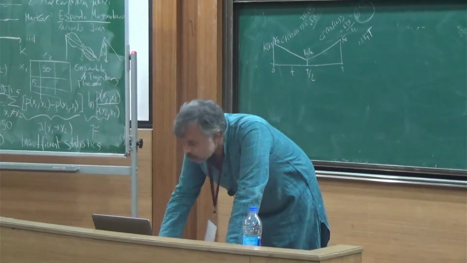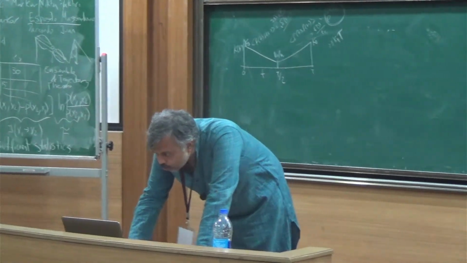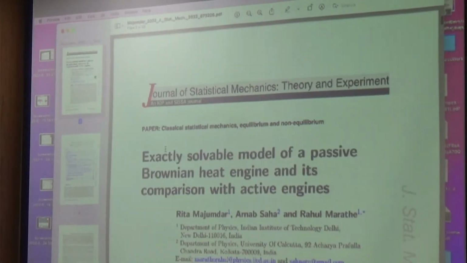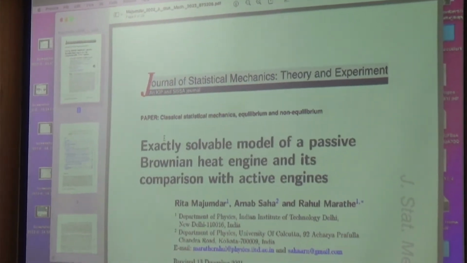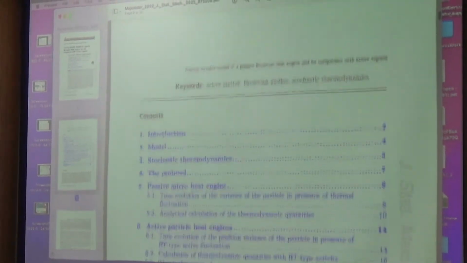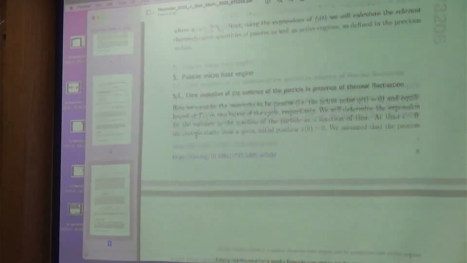So this was another one which is much more recent, where we use other kinds of noise, not only exponentially correlated noise. This is the reference. This is an exactly solvable model, so we can do all the steps analytically. There we have used different kinds of noise for activity, and we compare.